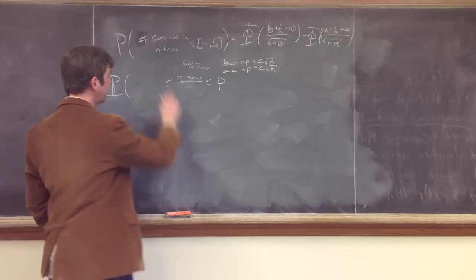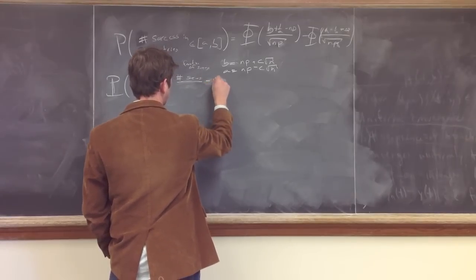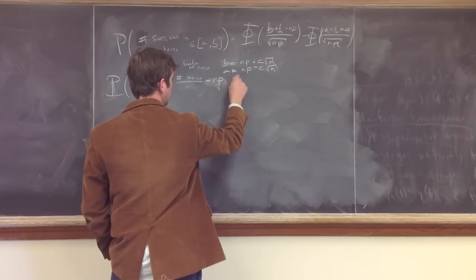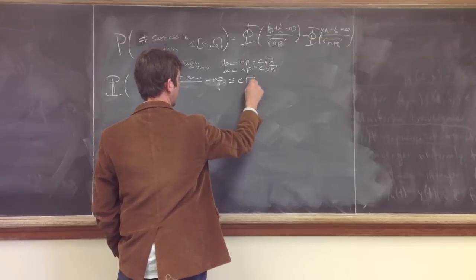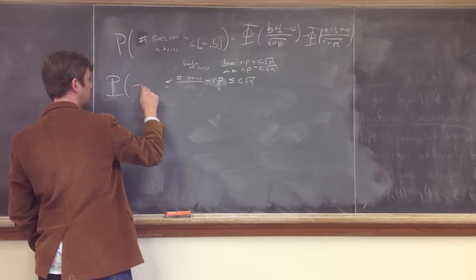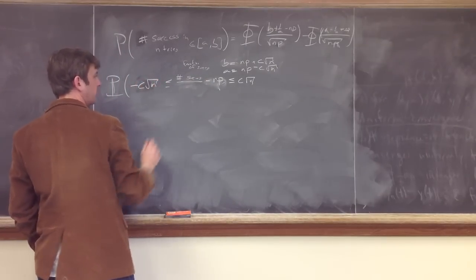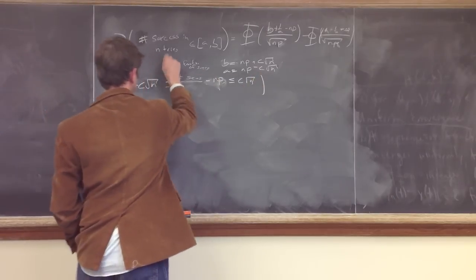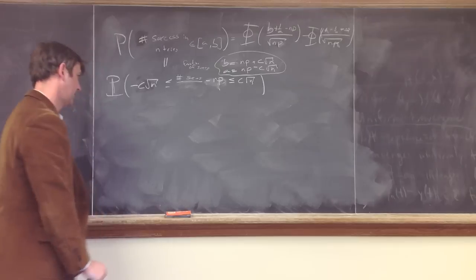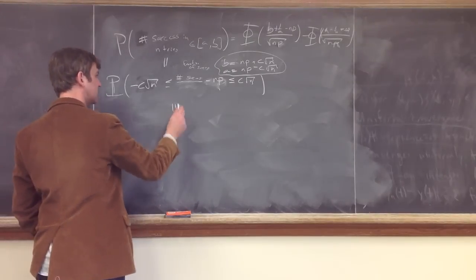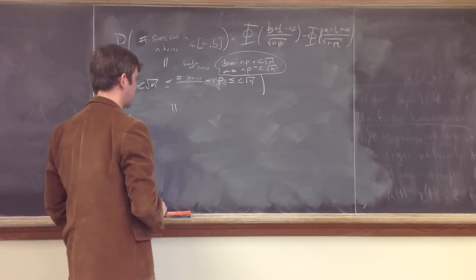Then, rewriting this formula, we can say the number of successes minus np differs from c square root of n and minus c square root of n. I've just rewritten what was above with this choice of A and B. I'm setting up what I started to talk about, which was the fraction of the number of successes.